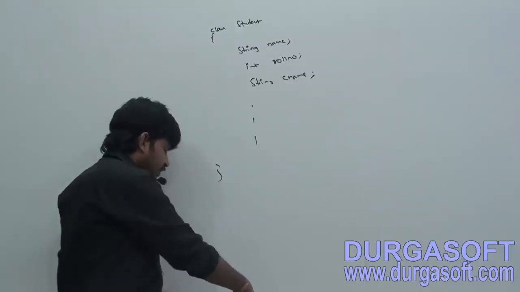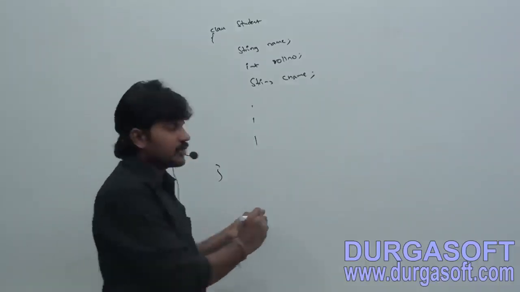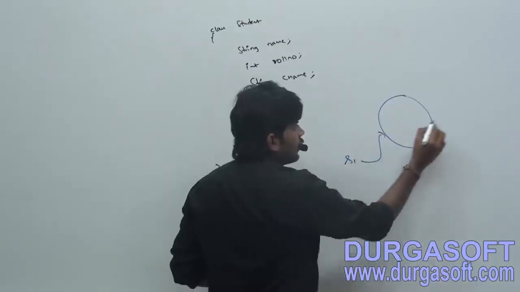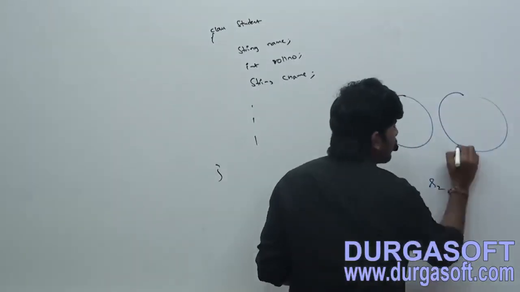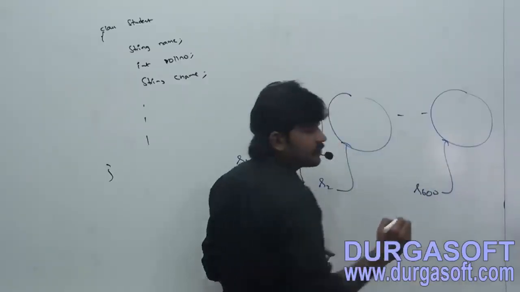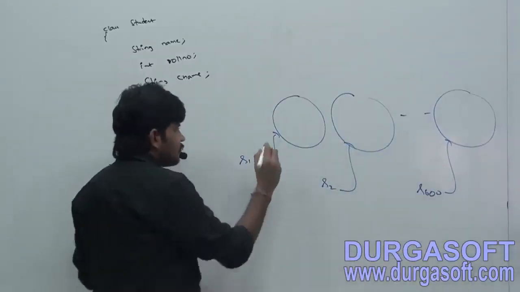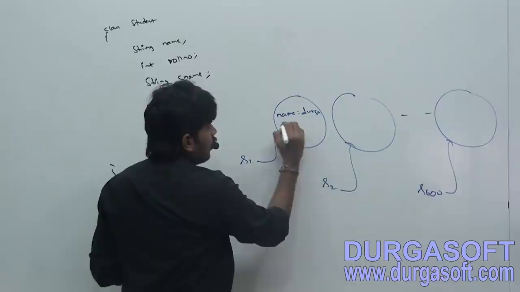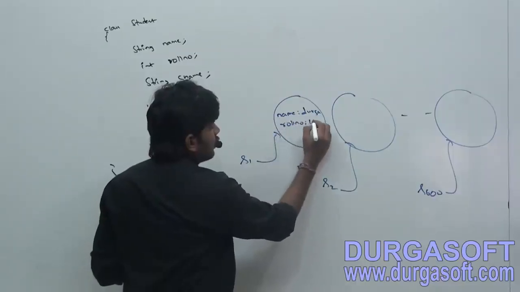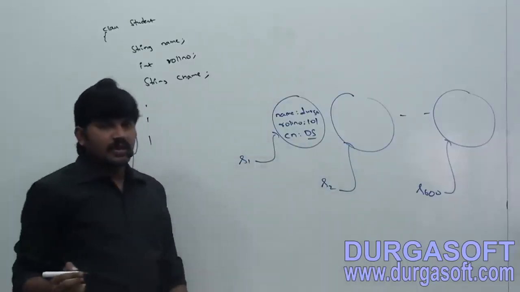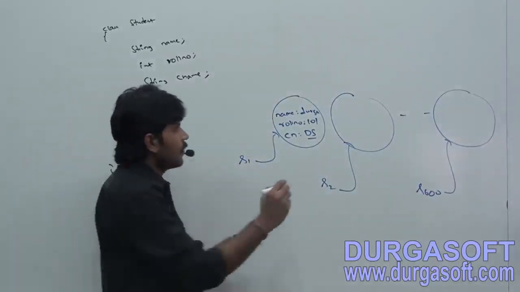Now I created some 600 student objects. Assume this is the first student, this is the second student. 600 student objects I created, right? Name Durga, roll number 101, college name Durga Soft.